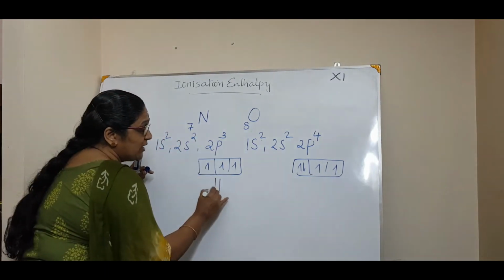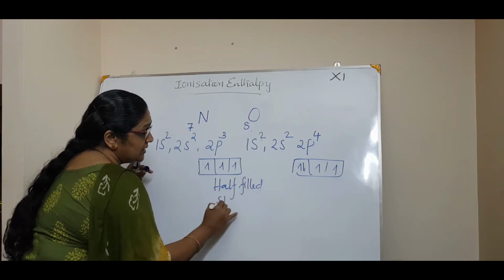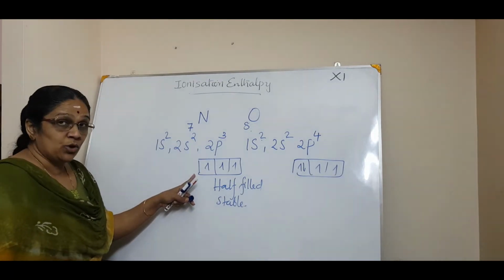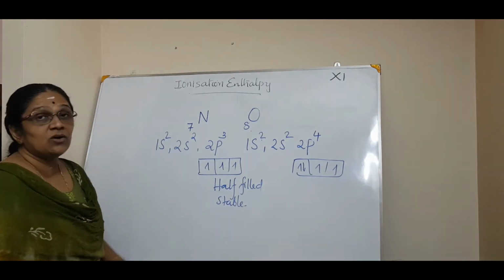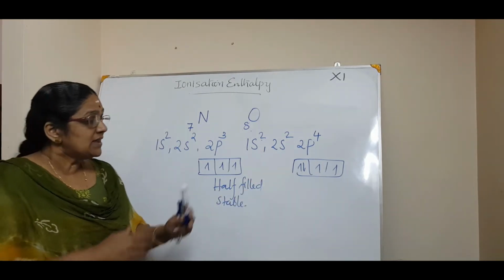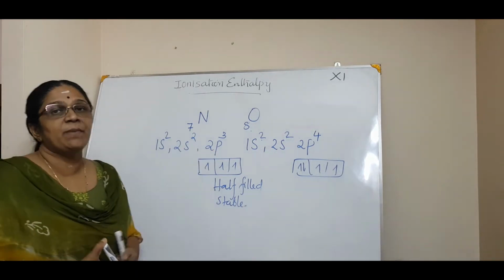Because nitrogen has a half-filled stable p orbital, it is very difficult to knock out an electron from a half-filled stable configuration rather than an unstable configuration. So this is how you get the logical reasoning behind these questions.